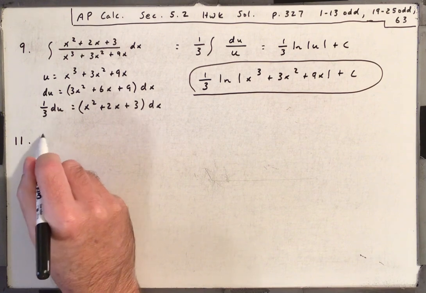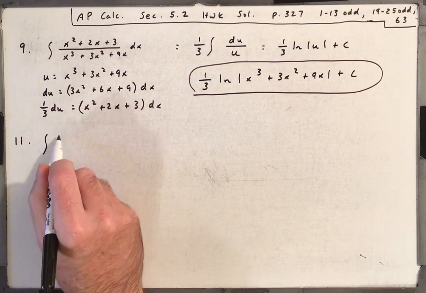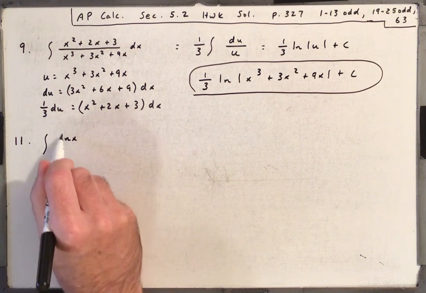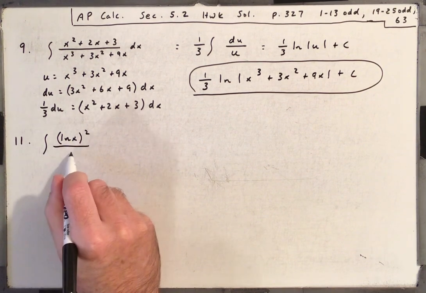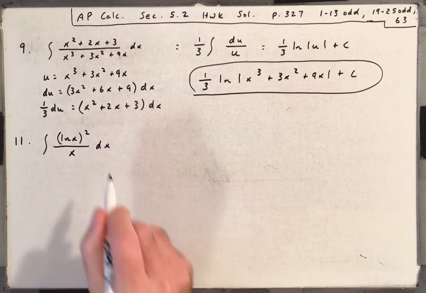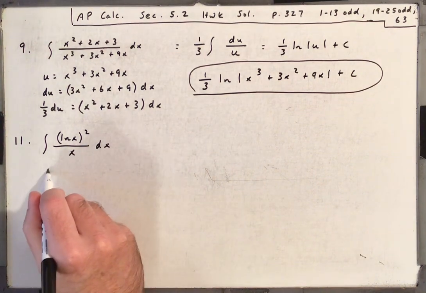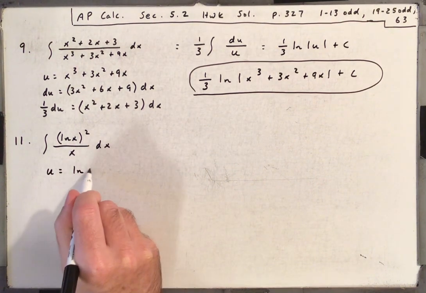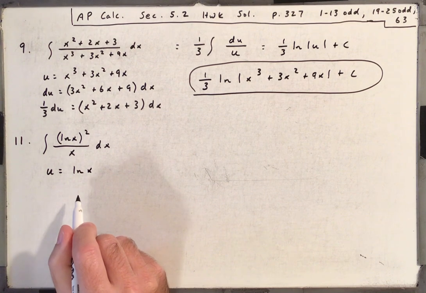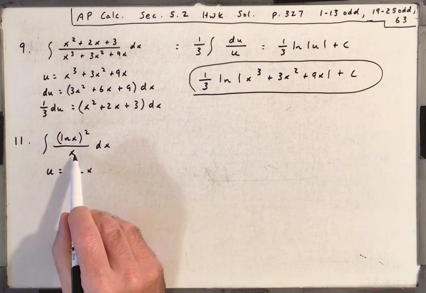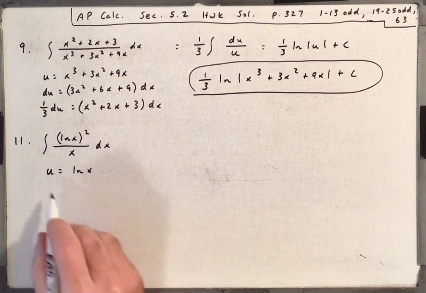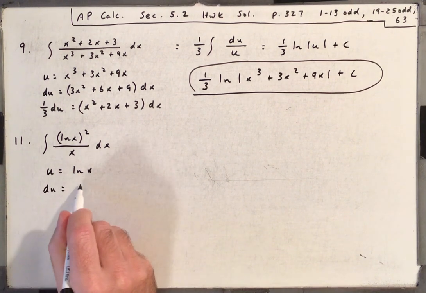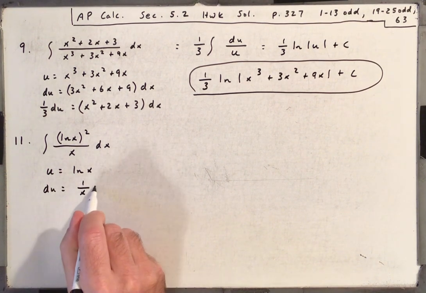So 11 is a little more interesting. Natural log of x all squared over x dx. So here, if you let u be the natural log of x, so usually with a lot of these we let u be the denominator. It doesn't always work. If we let u be the natural log of x, then du is 1 over x dx.